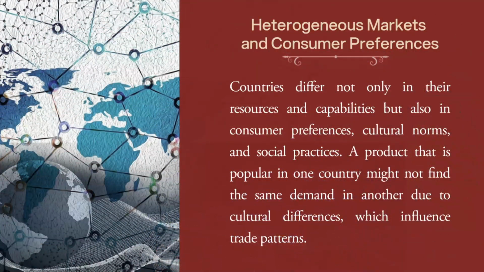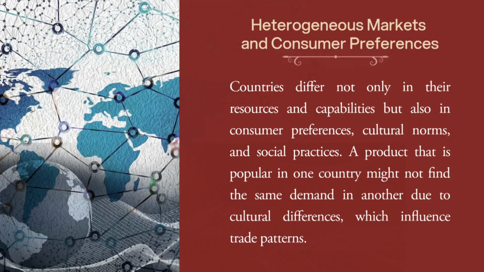As a result, in international trade also, the producers producing those goods have to capture those differences in preferences of the consumers, because countries differ not only in their resources and capabilities, but also in their consumer preferences, cultural norms, and social practices.